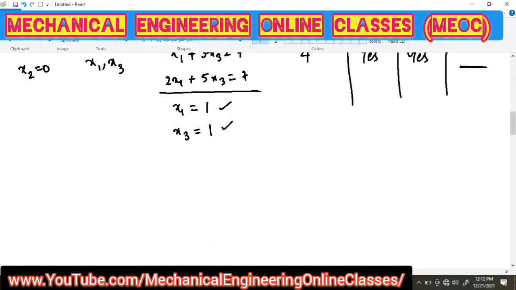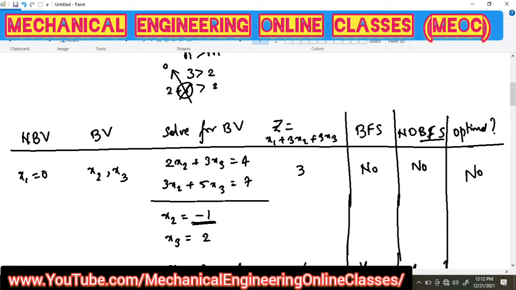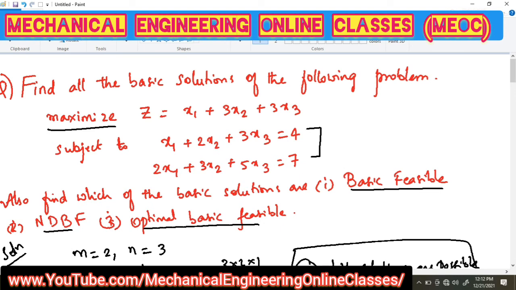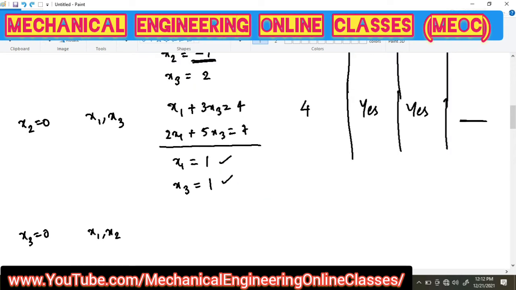The third case is let x3 be equal to 0 and we shall find the corresponding x1 and x2. Now make x3 as 0 and find x1 and x2 from these two equations. So it will be x1 plus 2x2 is equal to 4, 2x1 plus 3x2 is equal to 7.